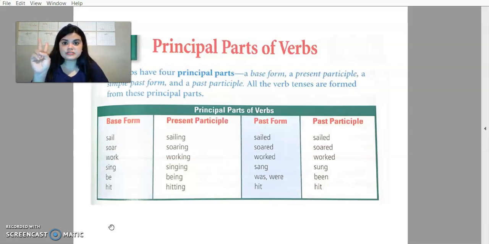The present participle, which is the continuous or the progressive with the ing. The past form, which is with ed, or the one that you have to learn from the irregular verbs, just like sang. Okay, it's not singed, it is sang. And the past participle that you have to learn too.